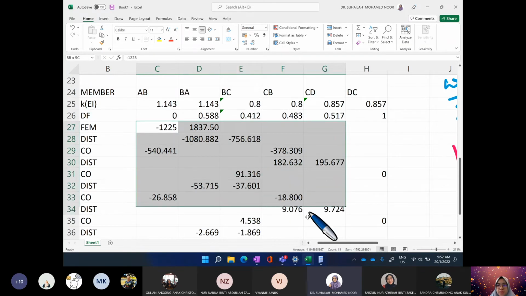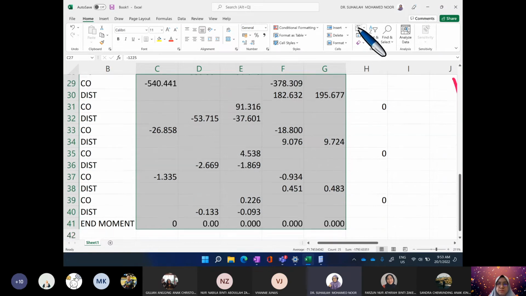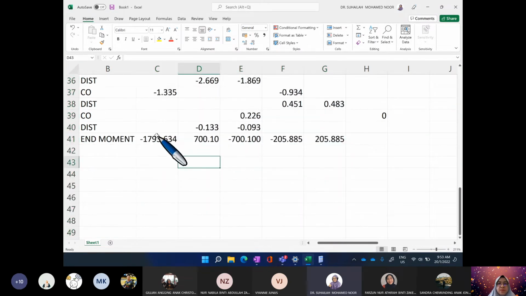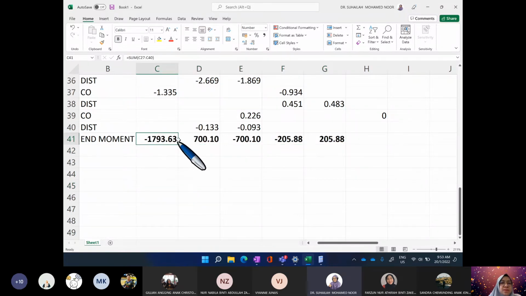So here is the moment. Okay, this is actually the moment from table 1. You can see that this is the end moment actually.